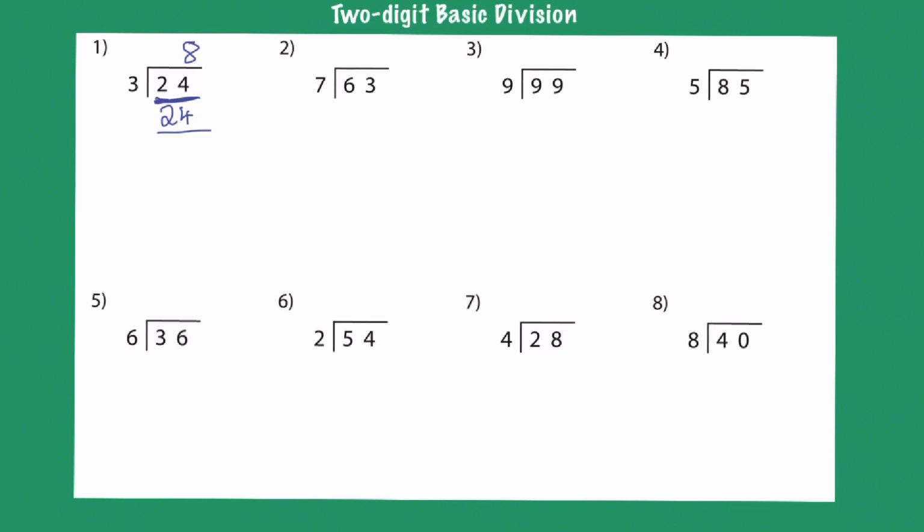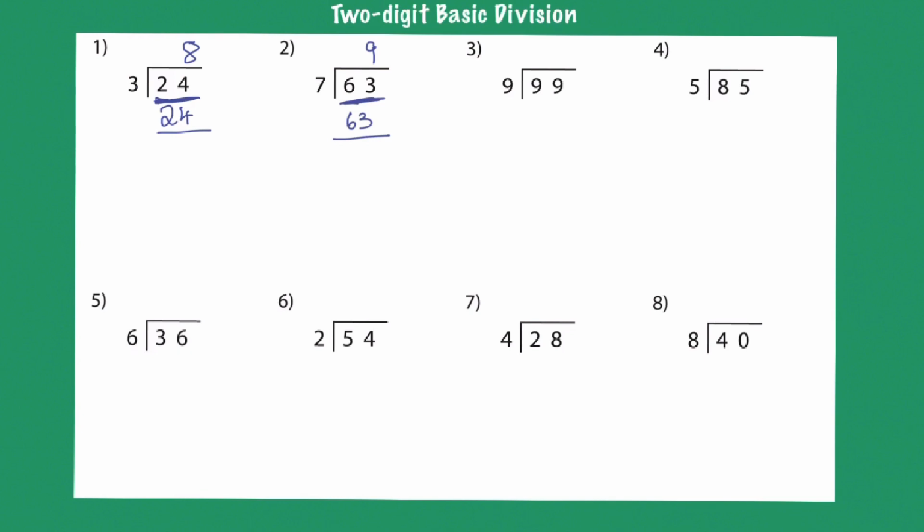First, 7 times what gives me 6? It does not fit in. 7 times 1 gives me 7, which is a much bigger number. So we have to look at both numbers together. 7 times 9 equals 63.